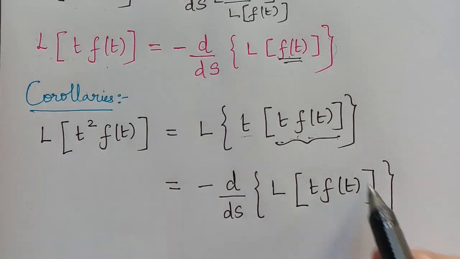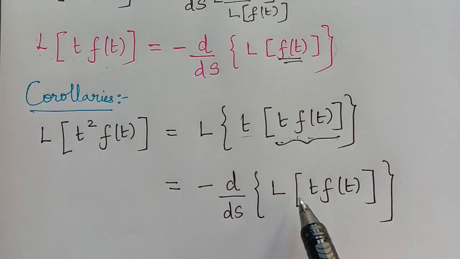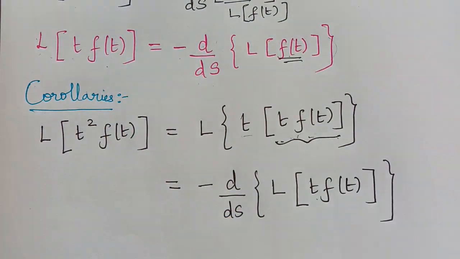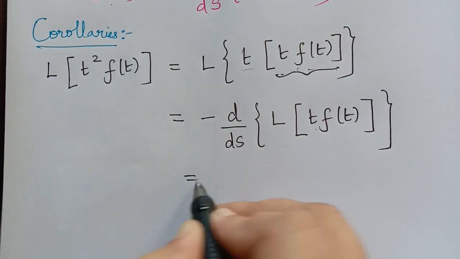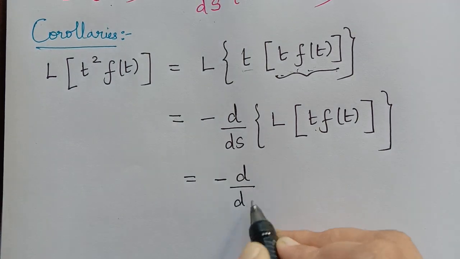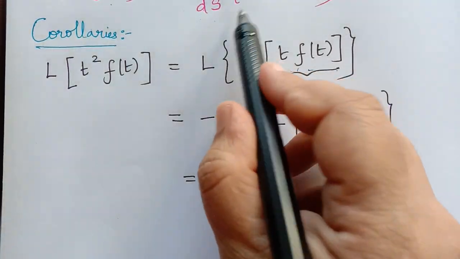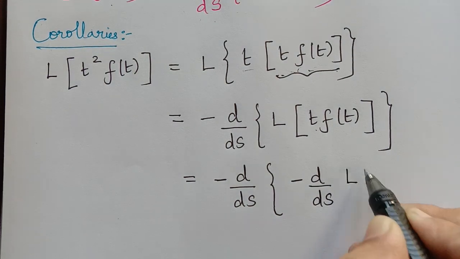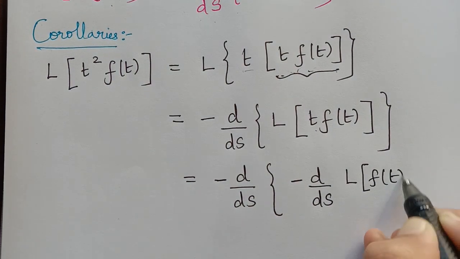But again we have to replace this Laplace transform of t f of t by negative d by ds of L of f of t. So this will be further equal to negative d by ds of, now using this, negative d by ds of L of f of t.